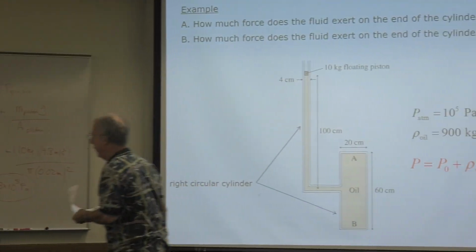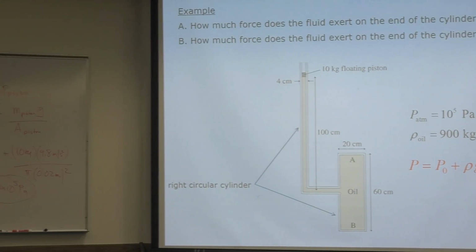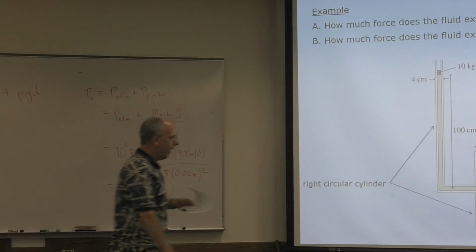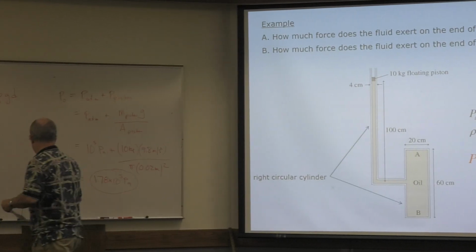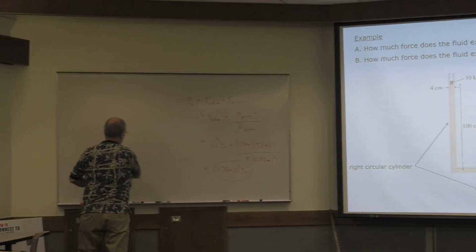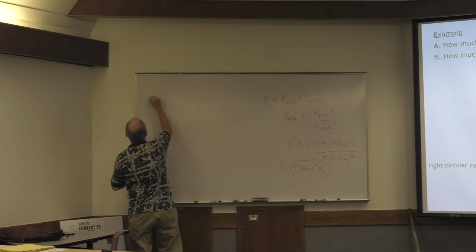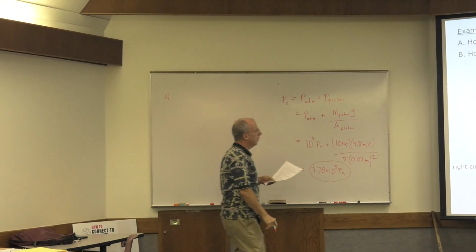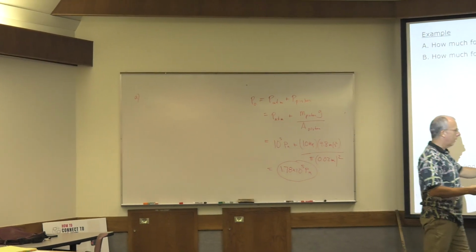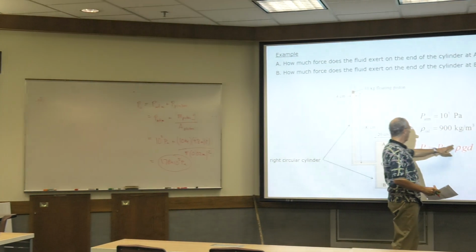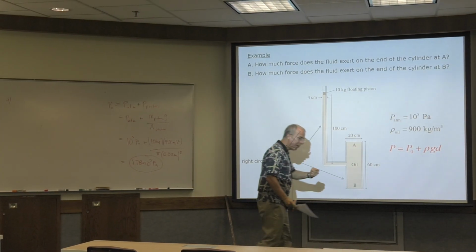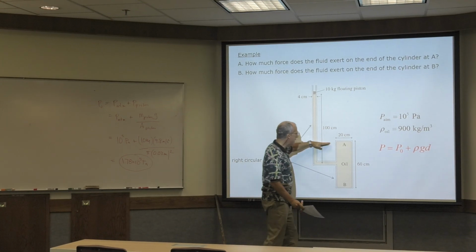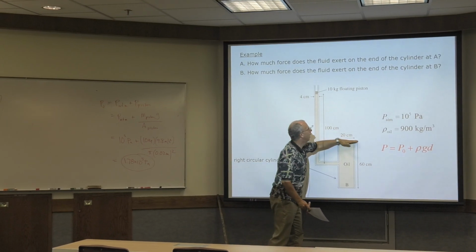Great. Now what we want to do is figure out A first. So we've got P0, we know rho, we know g, what's d? That's the question. What is d for this?